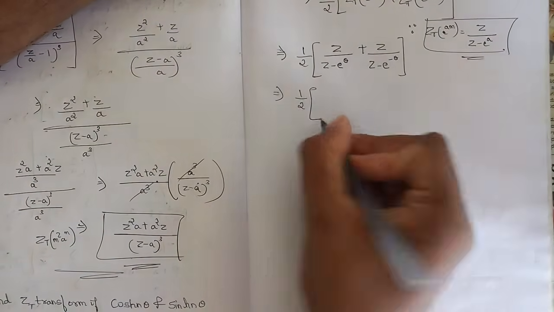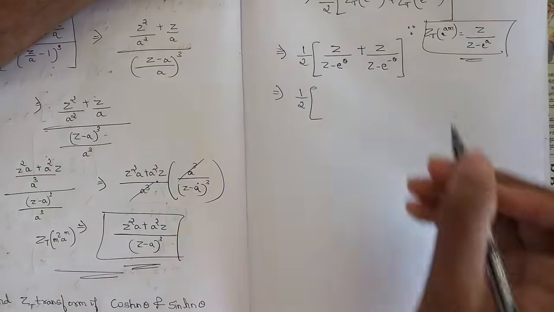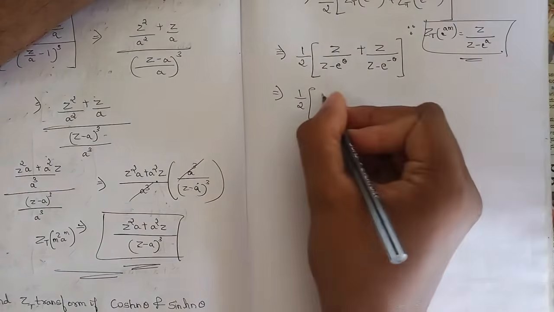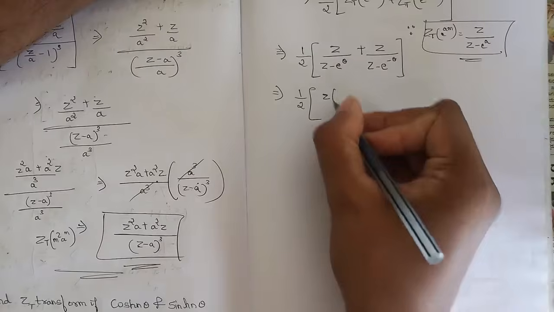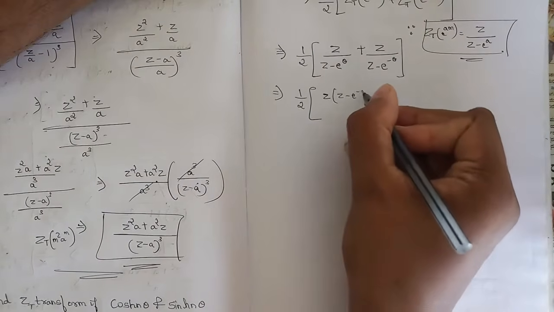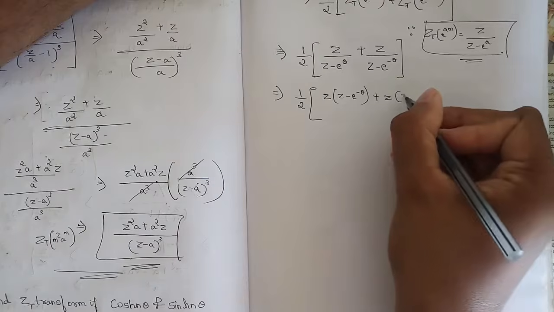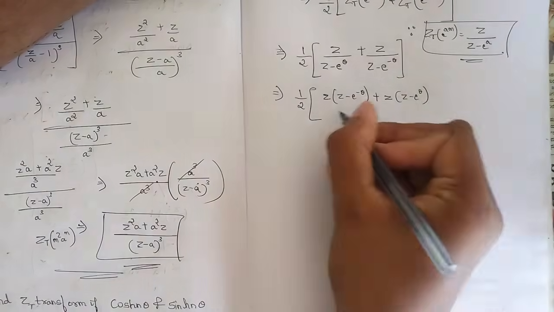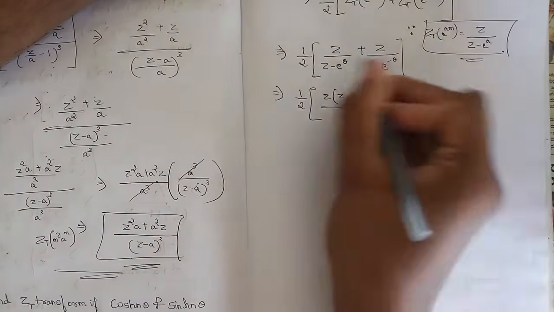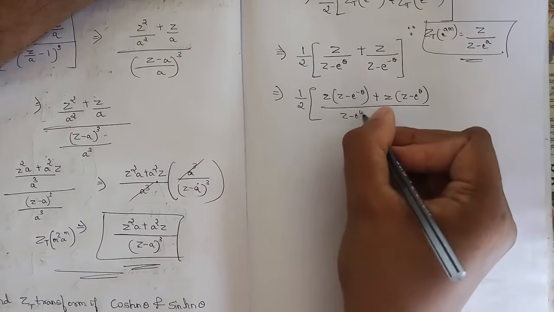So now just cross multiply and take the LCM. That is, we need to cross multiply: z into z minus e power minus theta, plus z into z minus e power theta, divided by, we need to multiply these two.